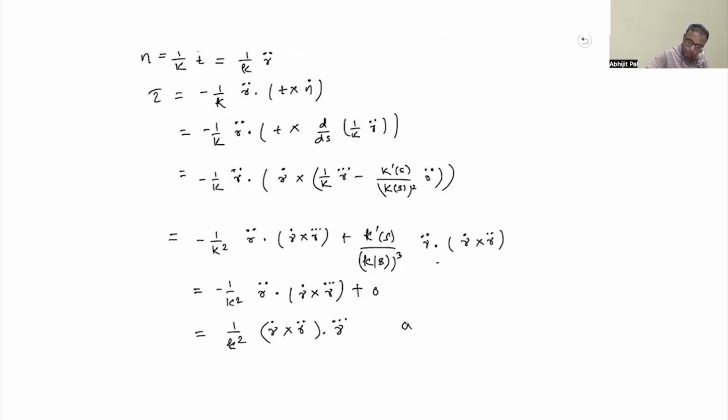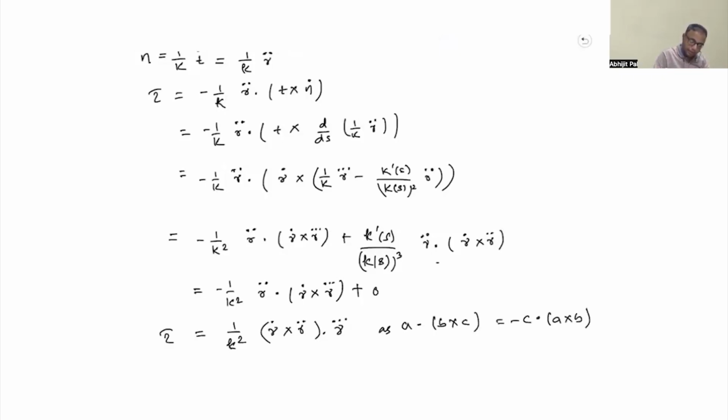Why is this true? As a vector product, a with b cross c is equal to minus c dot product with this vector a cross b. So now this τ is equal to this thing.